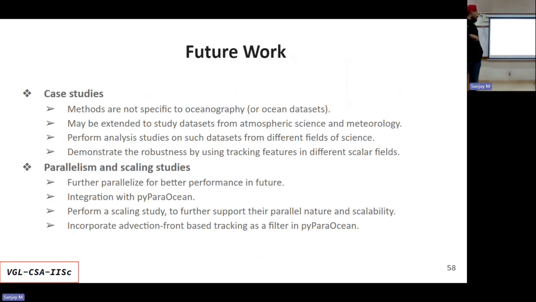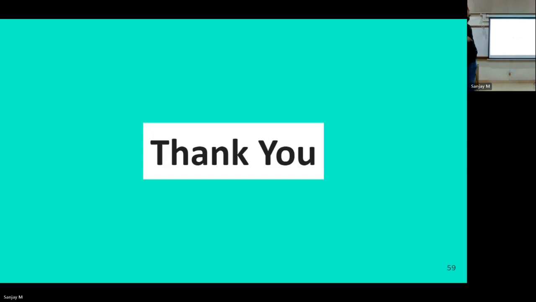Another thing, like I said, is parallelism and scaling study. We would like to implement a version which is parallel across depth also, so that we can use more resources to get faster results. And we would like to do scaling studies for that also. And that's it. Questions?